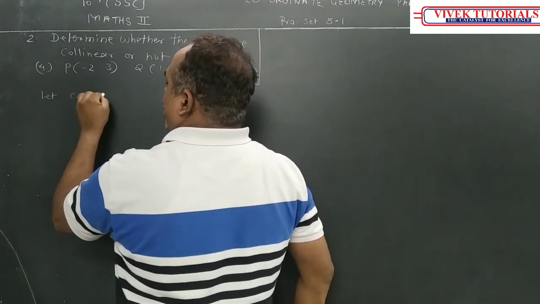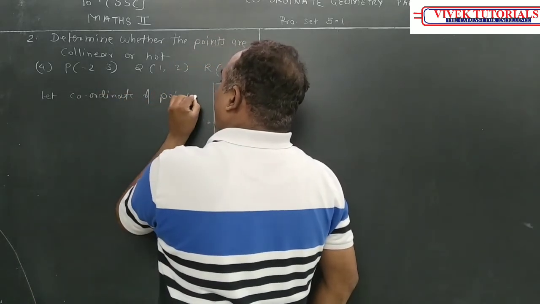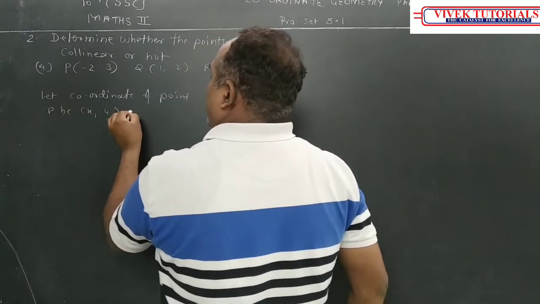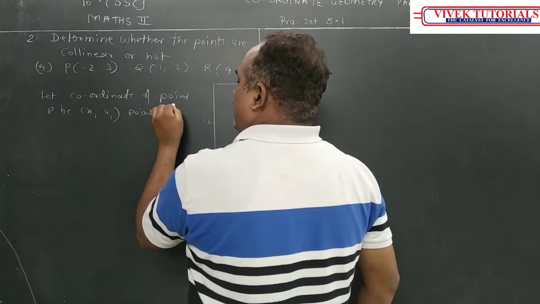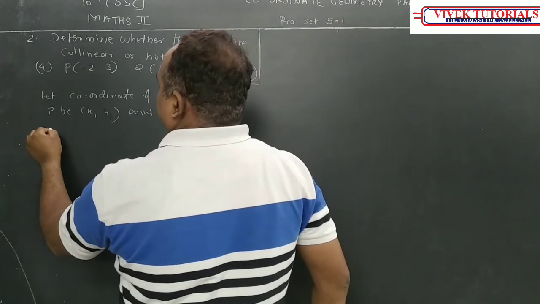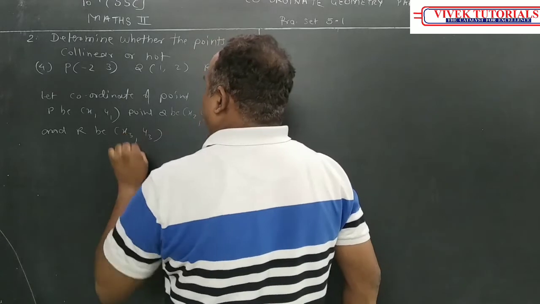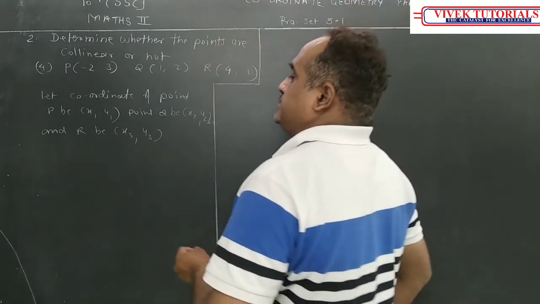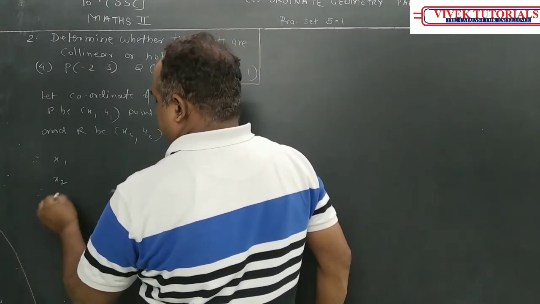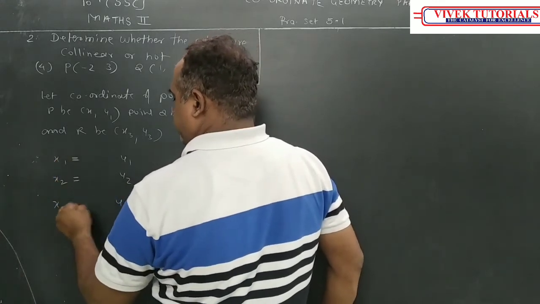Let the coordinates of point P be x1, y1, point Q be x2, y2, and R be x3, y3. Okay, so therefore, we can write x1, x2, x3, y1, y2 and y3.